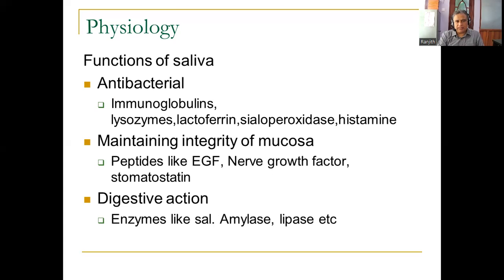The presence of saliva maintains the integrity of the mucosa. What helps is the peptides like epithelial growth factor, nerve growth factor, and somatostatins. All these peptides help in maintaining the integrity of the mucosa, that means reduces ulcer formation.